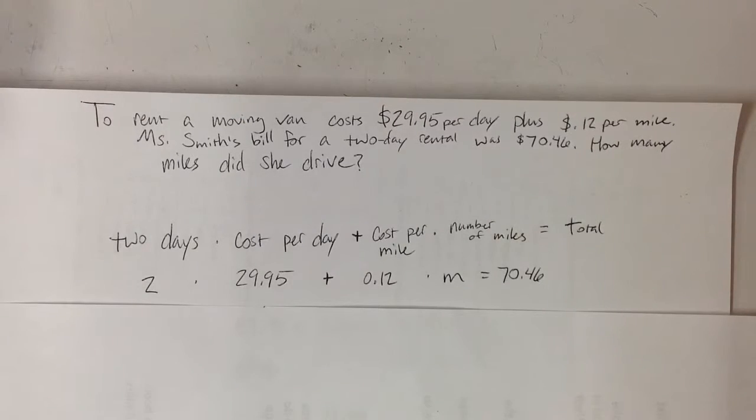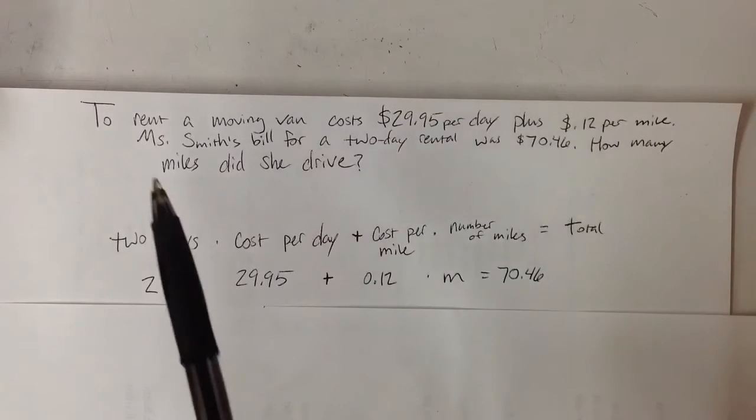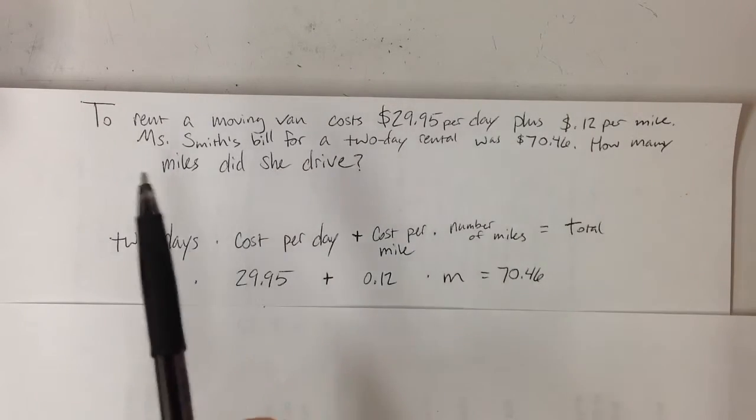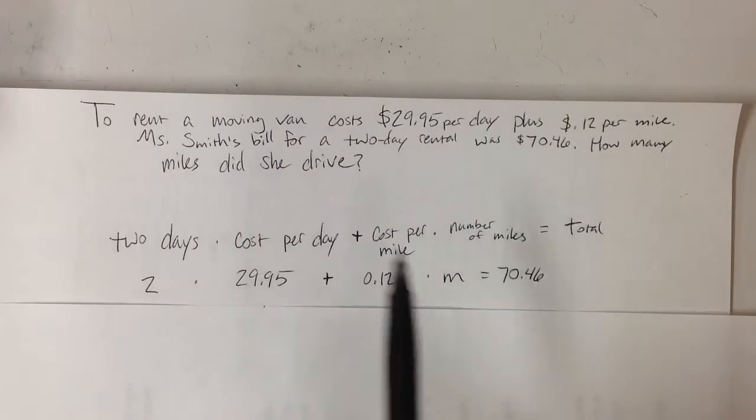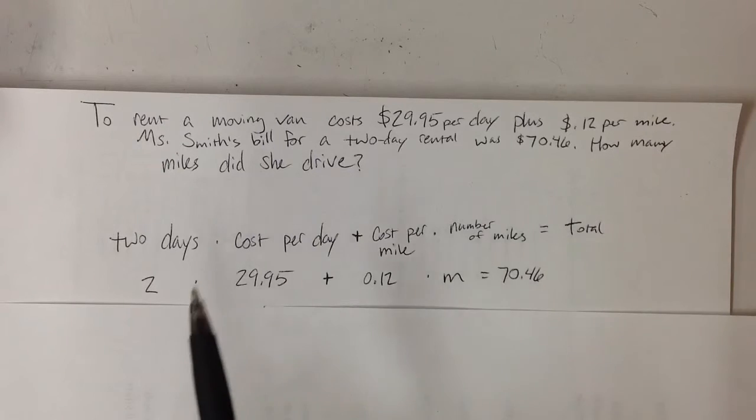Now, once I combine like terms and simplify a little bit, this is going to look like just solving an equation. The important part, though, is to be able to read the question carefully, figure out what we're looking for, find our unknown, and then plug the numbers into their proper place.